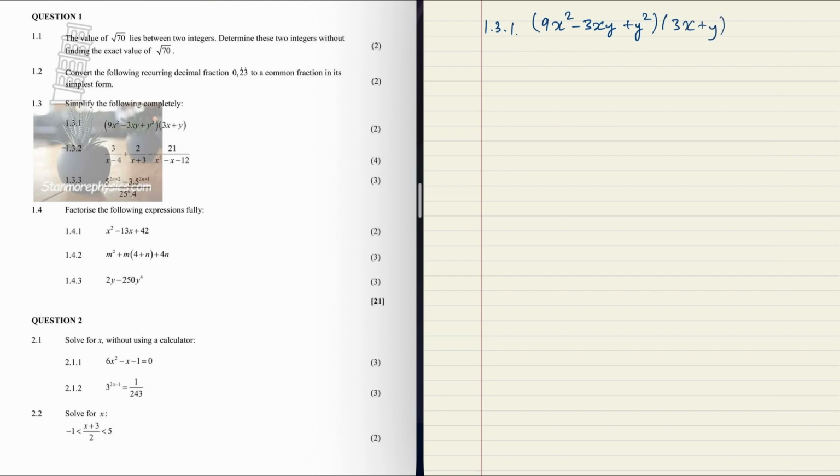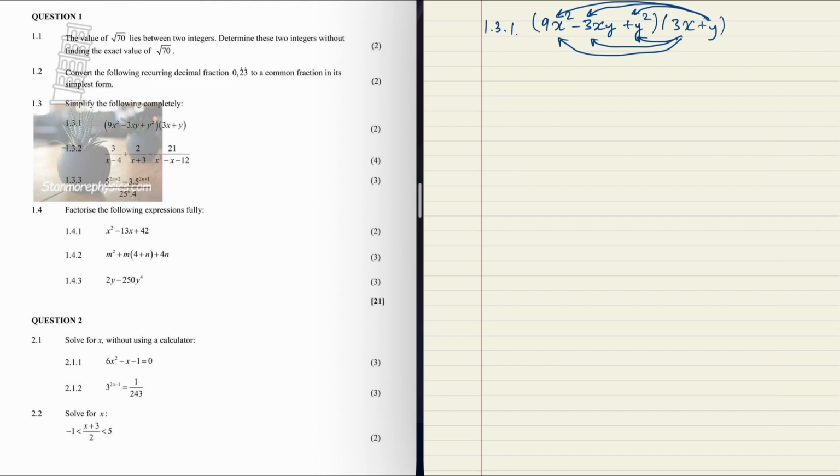Now what I'm going to do is multiply every term in the second bracket by every term in the first bracket. Doesn't really matter which way you do it as long as you do it. So I'm going to multiply it like so. So that times that times that, and then that times that. And likewise, I will multiply there, I will multiply there, and lastly there.